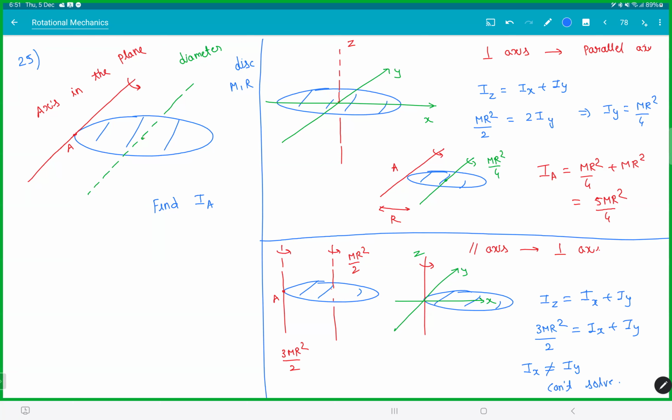That's what I'm saying. If you're going to use the perpendicular axis theorem, ask yourself, is there a symmetry between X and Y? If there is no symmetry, do you know the value of X or Y? You don't know the value of either of them. There is no symmetry. You can't solve. So we use this guy, 5 Mr square by 4. Clear, everyone?